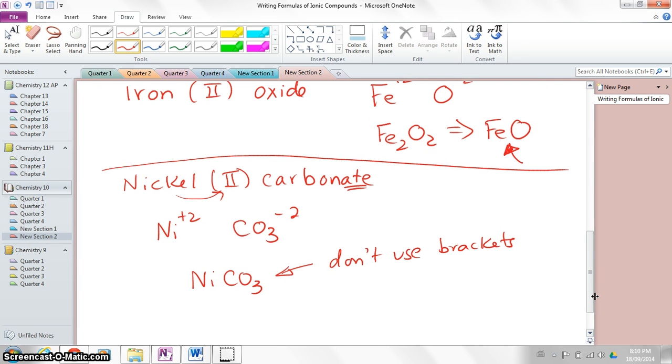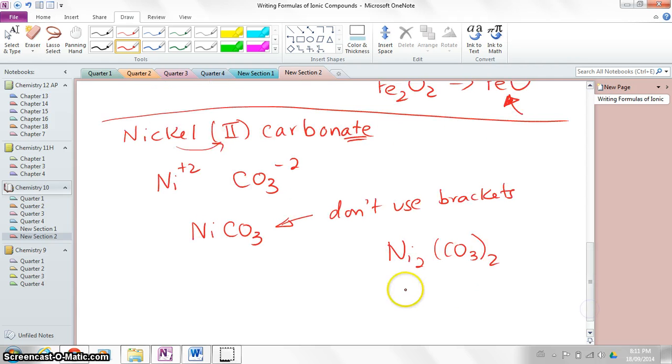It's easier, less to write. Notice if you tried the crisscross rule on this one, you would get a 2 and a 2, which you'd have to bring down to lowest terms: NiCO3. So hopefully that will help you understand how to write formulas given the name of ionic compounds. There you go.